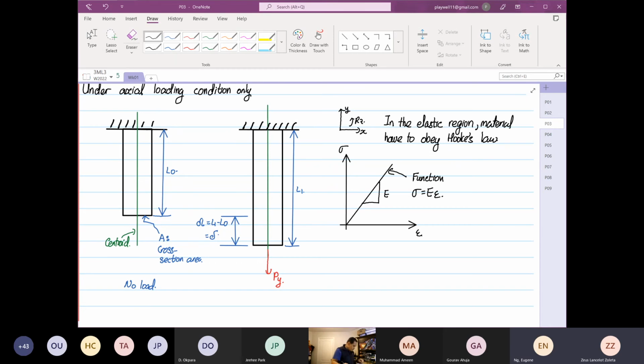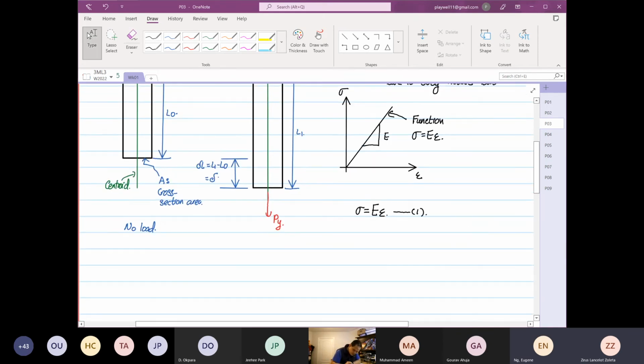Okay, so based on Hooke's law, right, we know that stress is equal to E multiplied by epsilon. Okay, so I'm going to call this our equation number 1. Okay, so let's determine how do we determine stress.